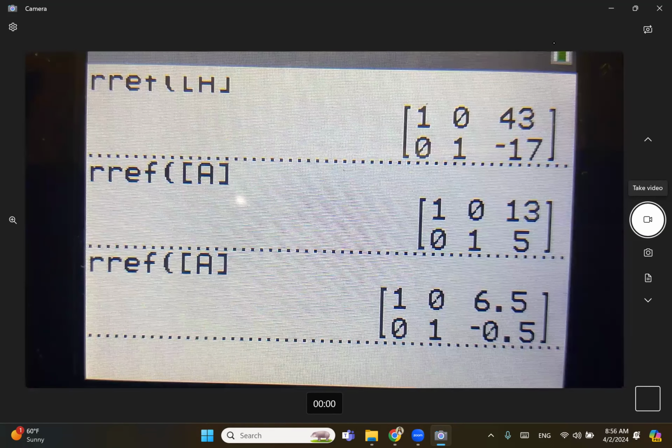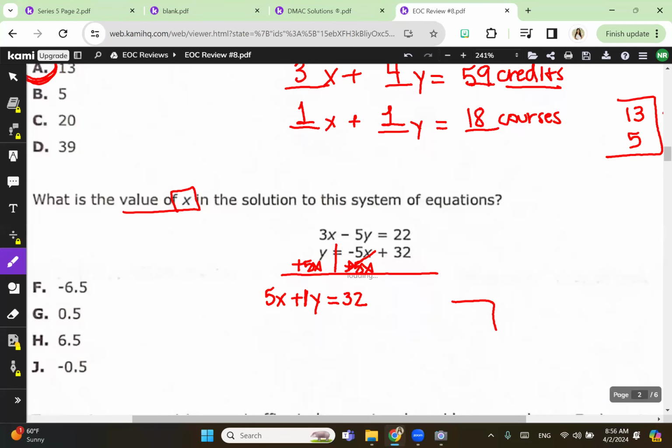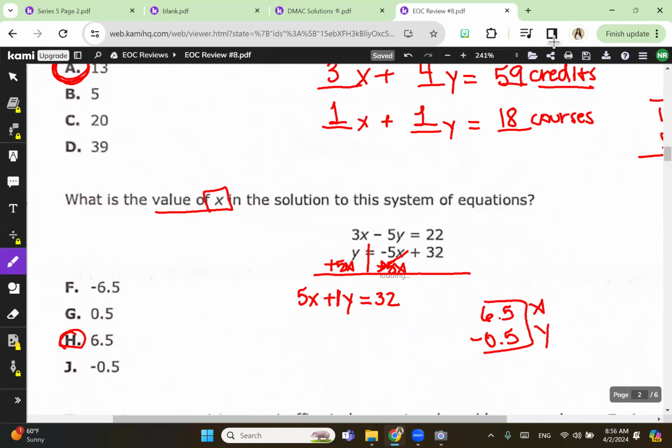There we go. So you get 6.5. And they're asking us for which one? The X value. So your answer is H.